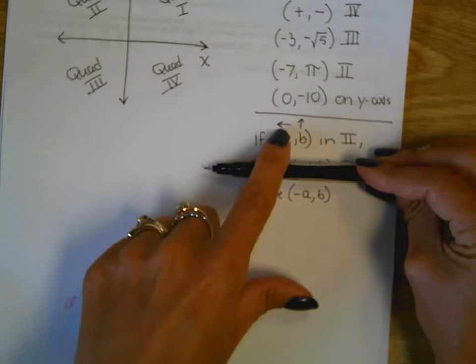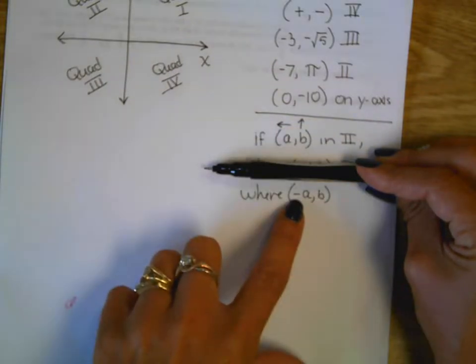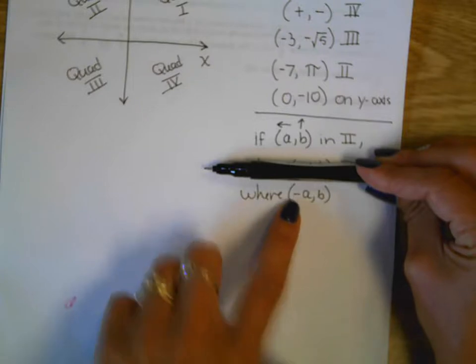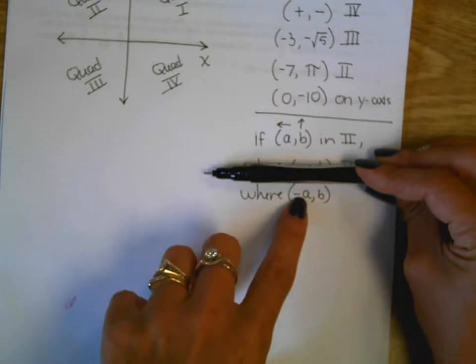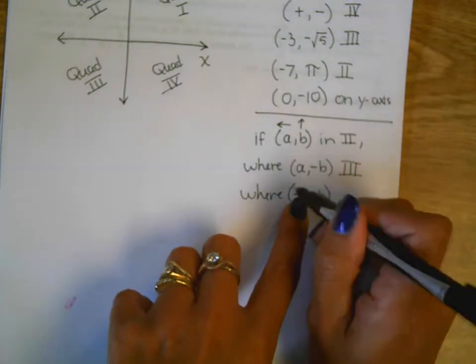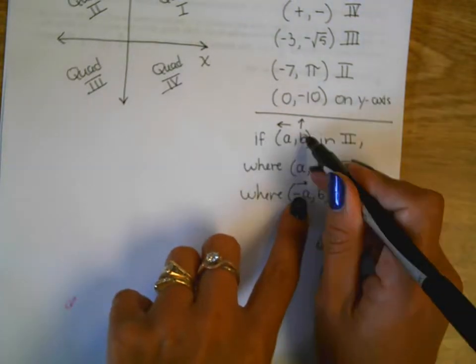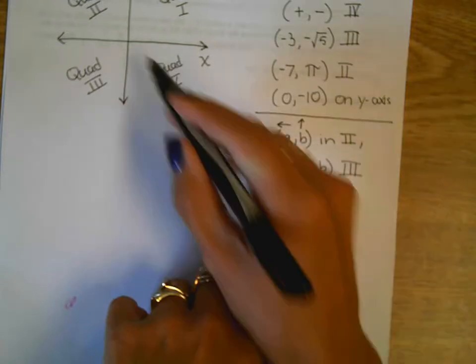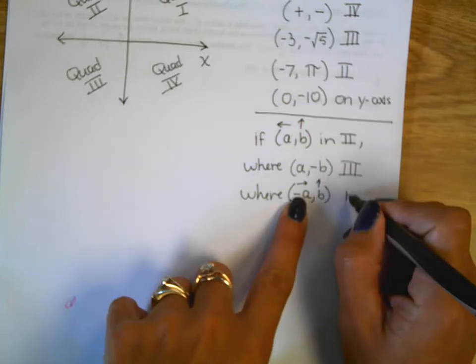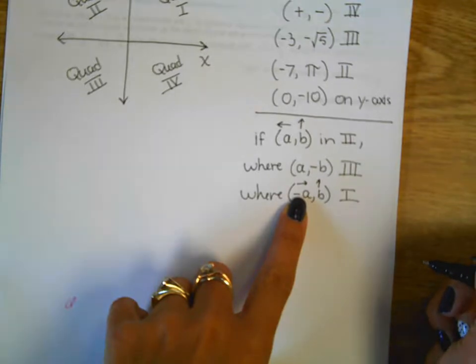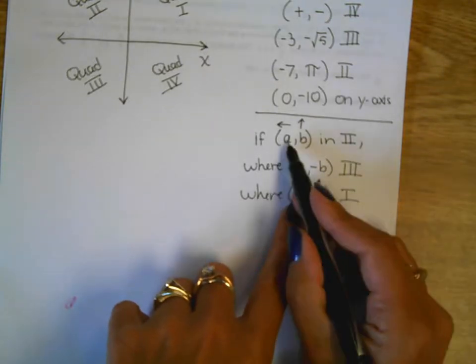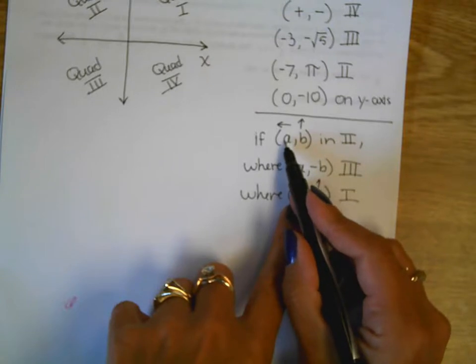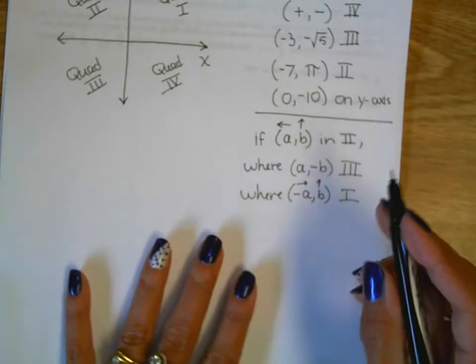Because if A took me left, which way is negative A going to take me? Right. Because this means opposite of. Everybody wants to see a negative and think, oh, left. But no, no. A was left. So that means opposite of A is right. So this is pulling us to the right. B is still pulling us up. Right and up. Because you're so used to seeing the negative as left, but no, this positive A was left. Just to trick you a little bit.